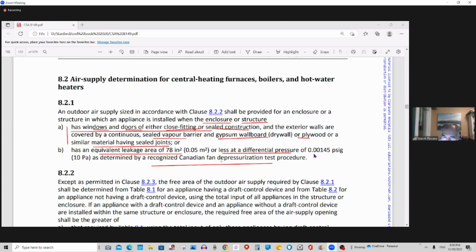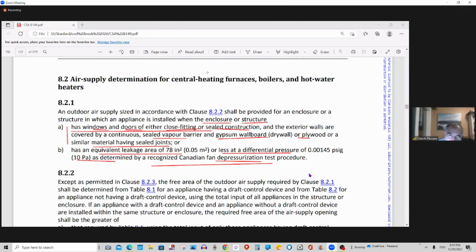We will go through this depressurizing test so many times, okay? So if the depressurization or differential pressure is more than 0.02, it is going to be negative, okay? So this depressurization should be less than this 10 Pascal, okay?